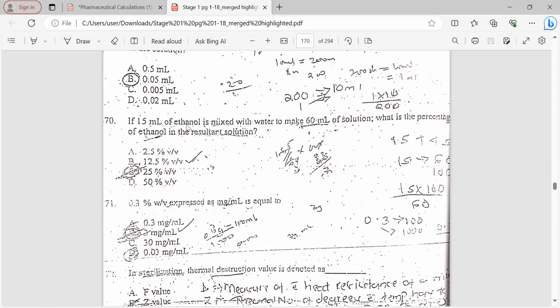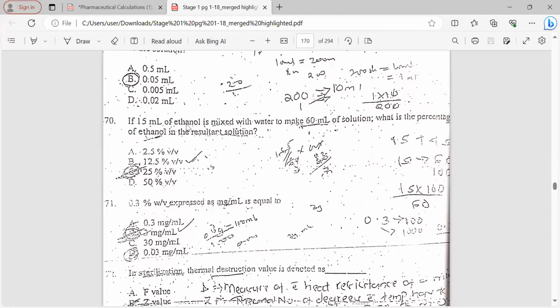And then 0.3% weight by volume expressed as milligrams per ml is equal to what? We said for percentage concentration, it's grams per 100 ml.